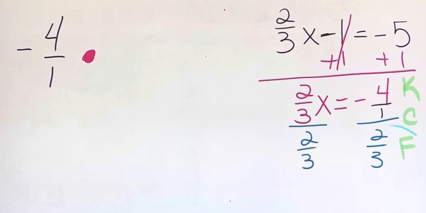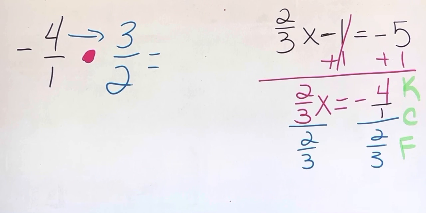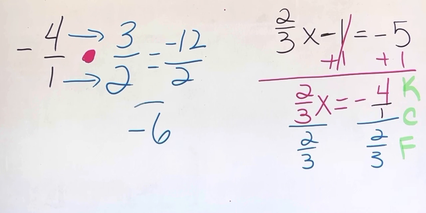And then the flip, we're going to flip the 2/3, so it's now 3 over 2. And we're going to multiply across. So we have -4 times 3, which is -12, and 1 times 2, which is 2. And then I can simplify, and the answer would be -6, because 2 divides into -12, -6 times.